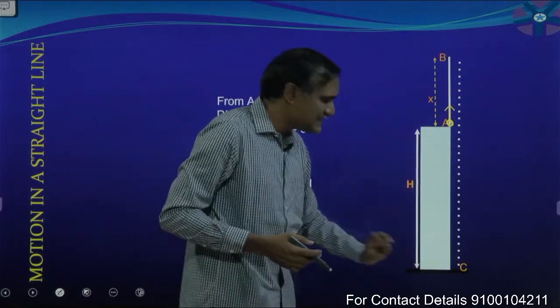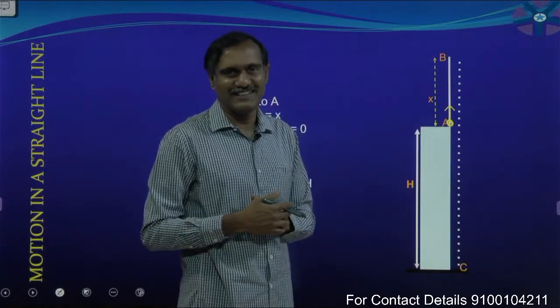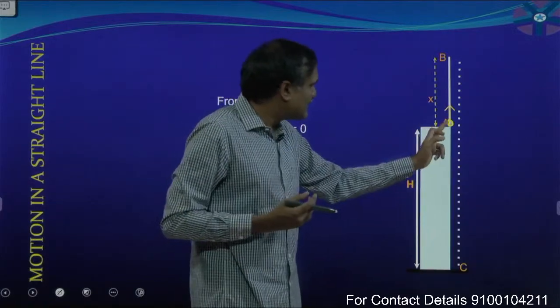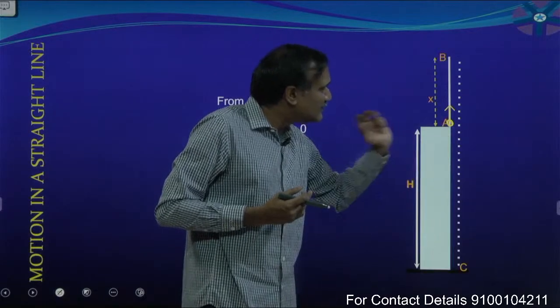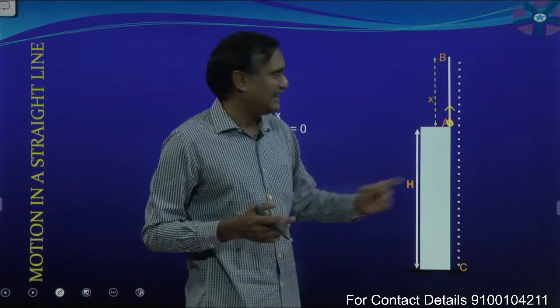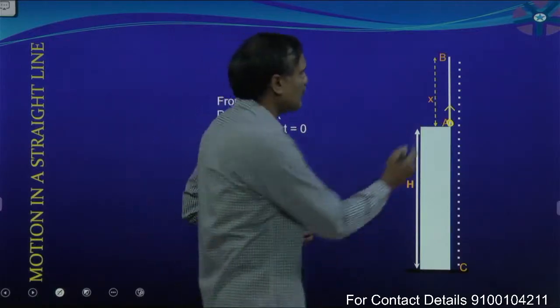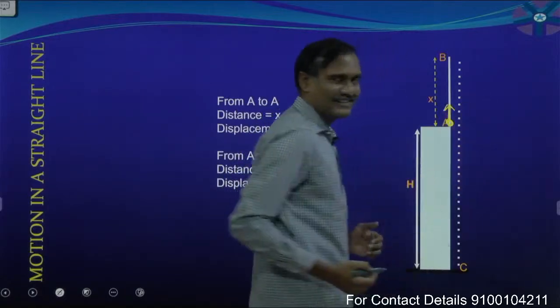I am assuming it is a tower whose height is equal to capital H. The initial point of this ball is A, that is the top of the tower.